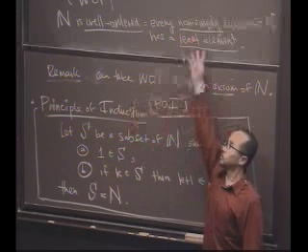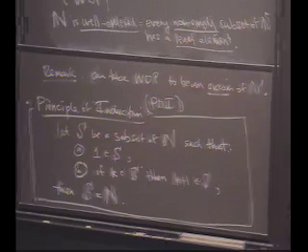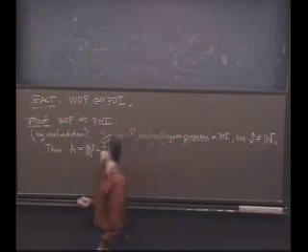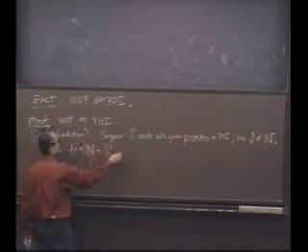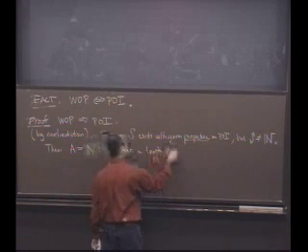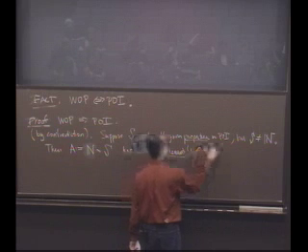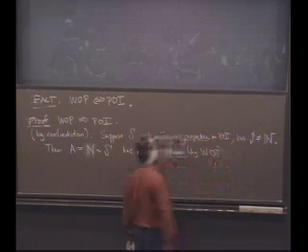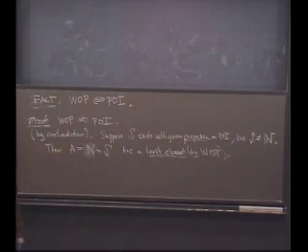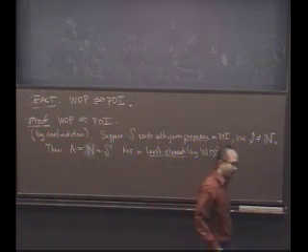I'm appealing to something that will make my life a lot easier. Then A, which I'm defining to be n minus s, and I might tell the reader this, has a least element by the well-ordering principle. It's courtesy to remind the reader of this if they don't see it, because isn't this a crucial ingredient? Okay, good.